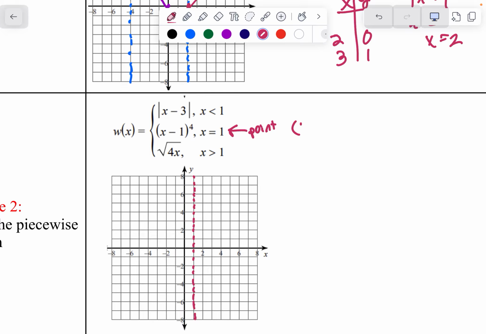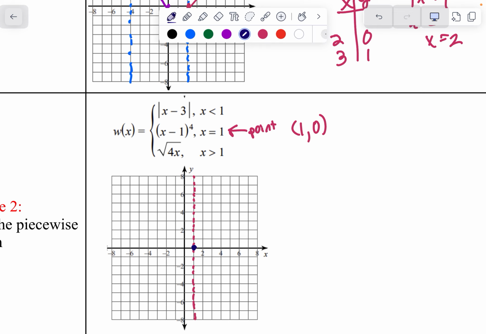If I plug in 1, I get out 1 minus 1, which is 0 to the 4th, or 0. So that we can put on real quickly. At 1, I should be at a height of 0. So that's just a weird spot where if it just says, if x is equal to 1, plug it in here, what do you get? I get 0, and that's it, okay?